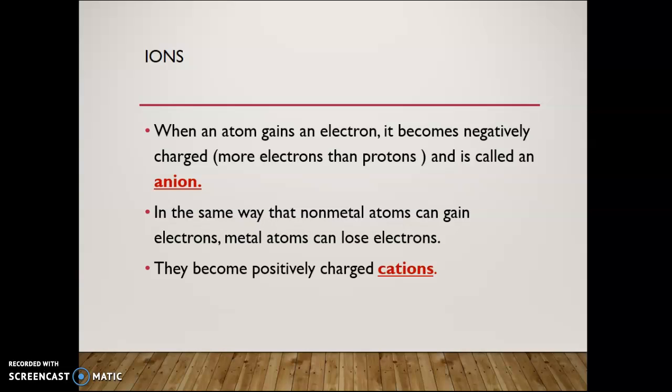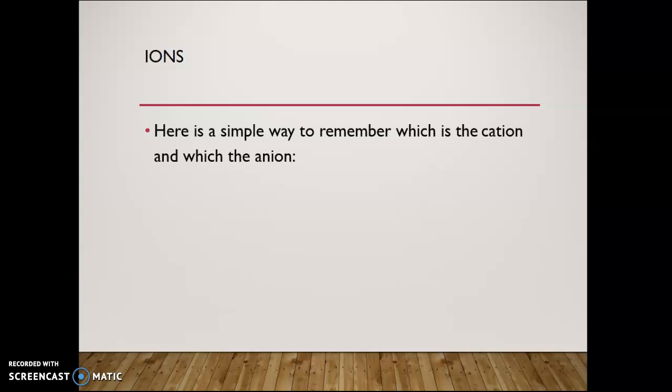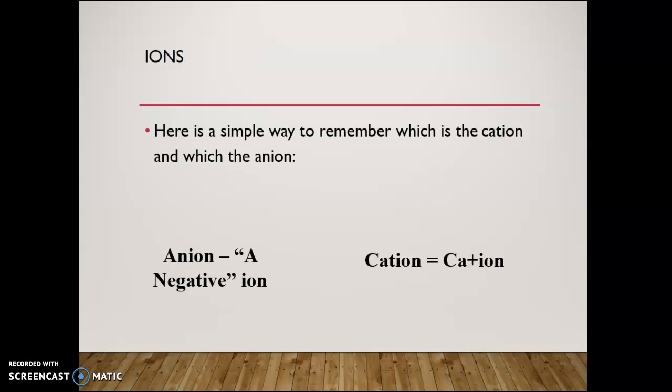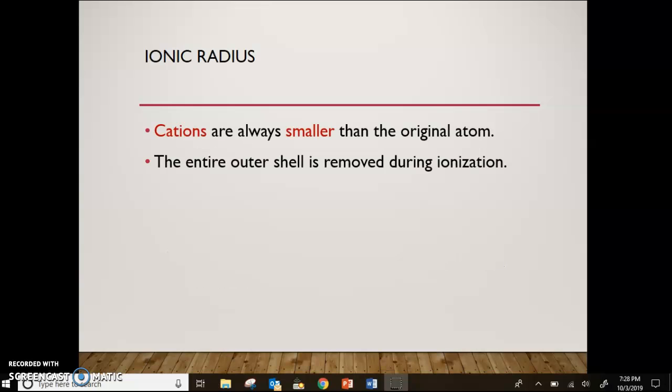So I like to think about cats are positive, like cat paws, just to help me remember which one is positive, which one's negative. So here you go. So a negative ion and then a cation. You can also do it this way if you think about the t as being a positive charge. That can help you to remember that a cation is positive.